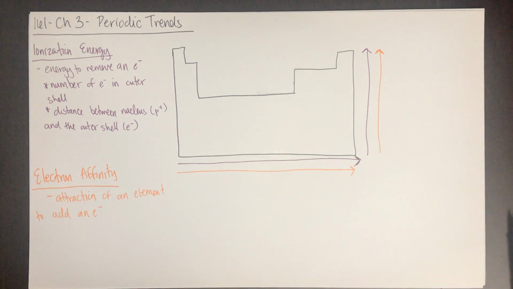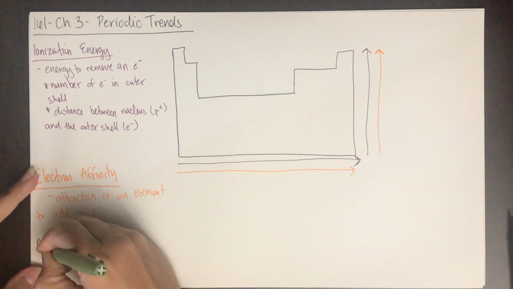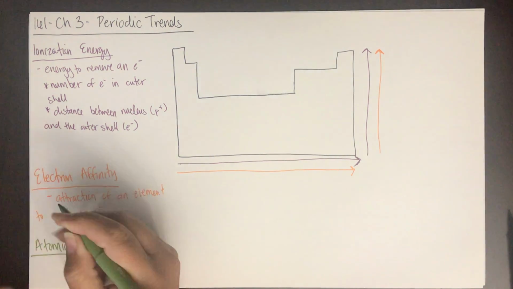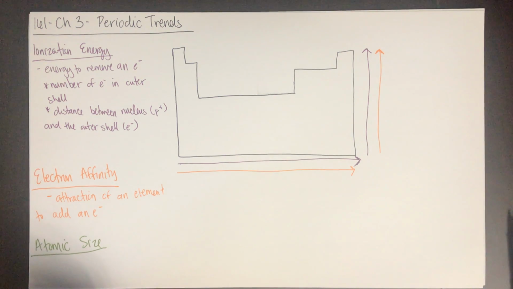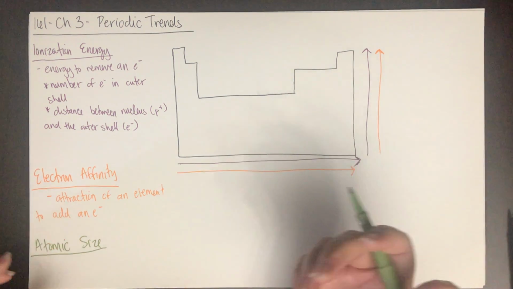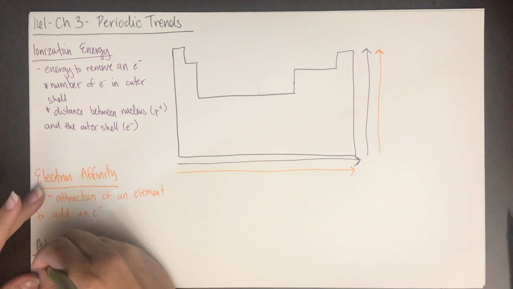The next trend that we are going to talk about is called atomic size. Atomic size is just the size of the atom. Atomic size depends on two things.